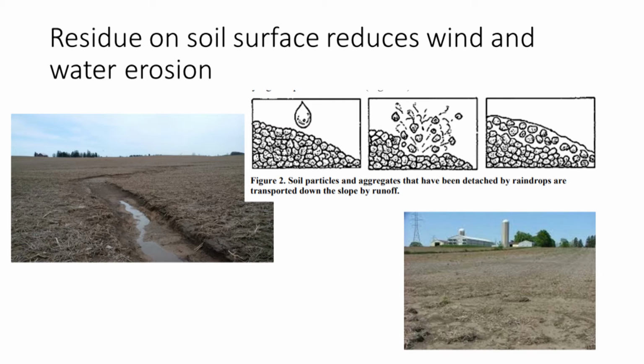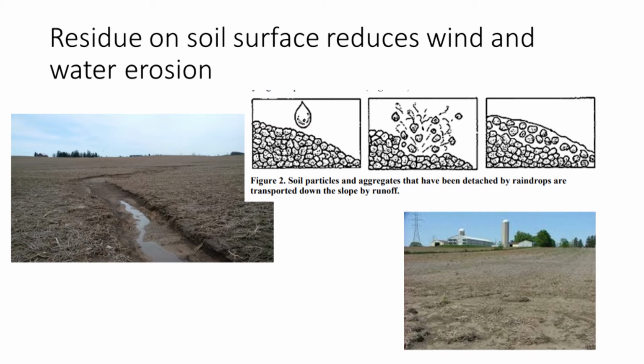You can see here in this figure, raindrops act like a bomb, exploding soil particles. These small soil particles are microscopic, but when it rains they can be launched up to 3 feet in the air, and that can add to wind erosion. It can also just make it much easier for those soil particles to be lost.